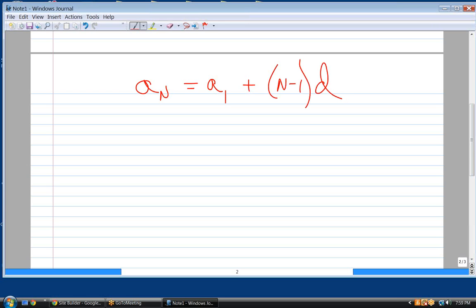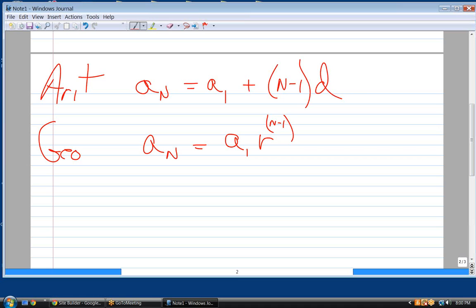You talking geometric sequences also? Because usually you study both at the same time. So this is arithmetic. Geometric is a sub n equals a sub 1 times the common ratio. I think it's that, isn't it?